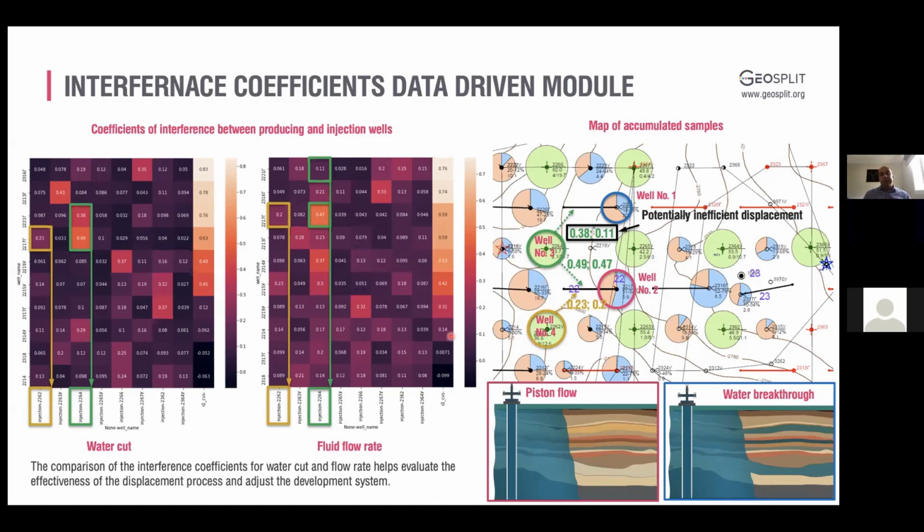With the coefficients of interference established, you can quickly make decisions, like whether the water injection from injector well number 3 to producer well number 1 is potentially inefficient, just by looking at the correlation of interference coefficients for specifically water cut and fluid flow rate.